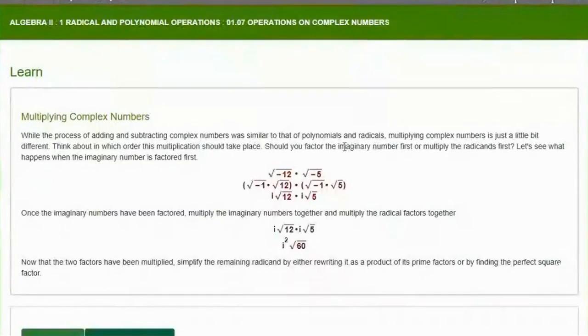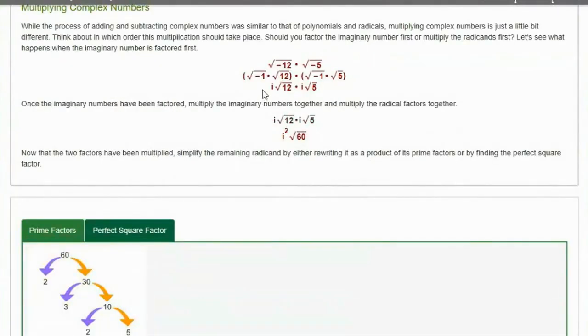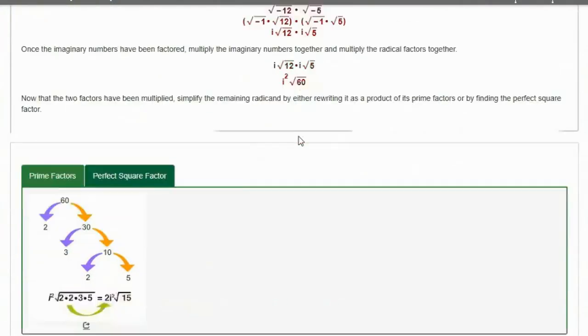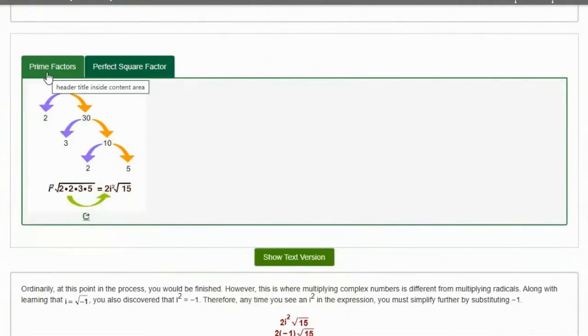Let's look at what they did. So they took negative 1 times 12, negative 1 times 5 as the square roots, which means i squared times the square root of 12 times the square root of 5, which is i squared square root of 60, right? And then they showed what I was showing, the prime factors. 60 is 2 times 30, 30 is 3 times 10. I did 2 times 15, either way, 2 times 5.